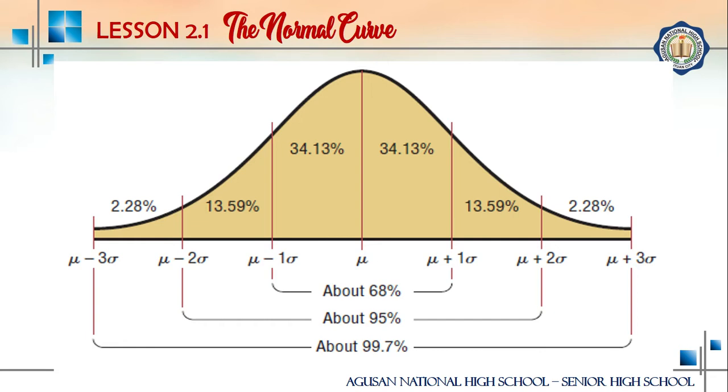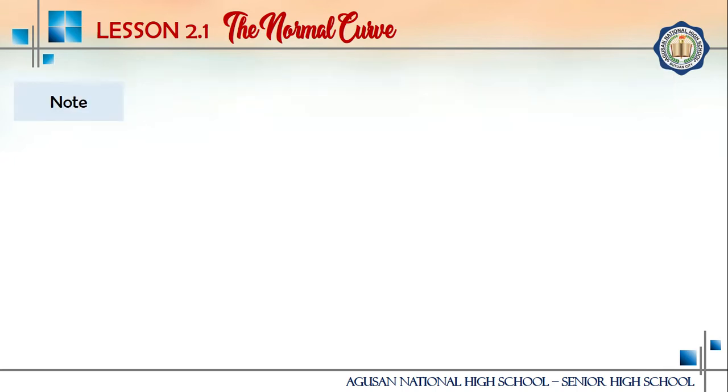Notice it's 99.7, so therefore there is a remaining 0.3%, correct? And that 0.3% divided by 2 for both ends or directions would be used for the outliers.